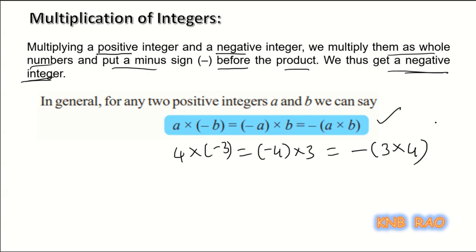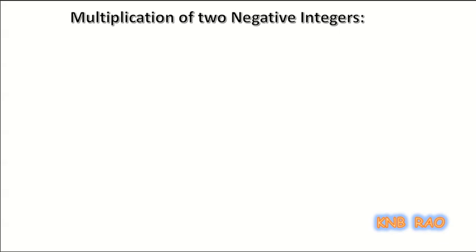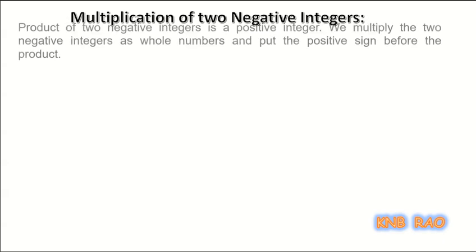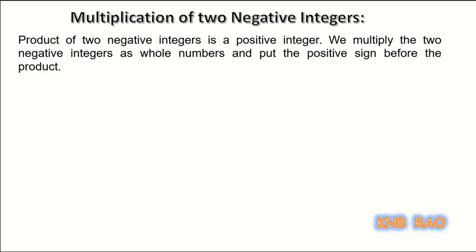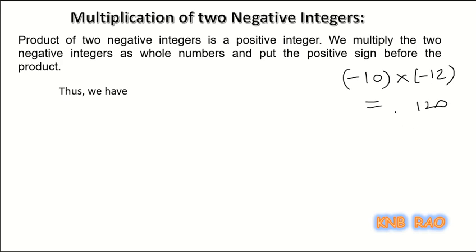Students, now we will learn multiplication of two negative integers. What is the product of two negative integers? Suppose I have minus 10 multiplied by minus 12. 12 into 10 gives you 120. Now what would be the product?